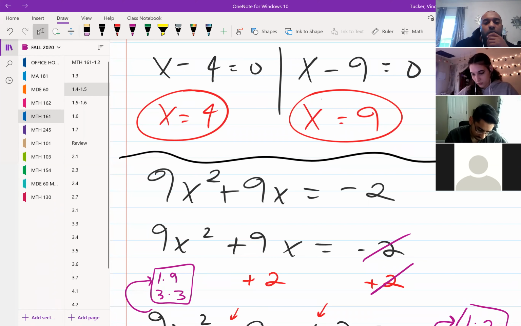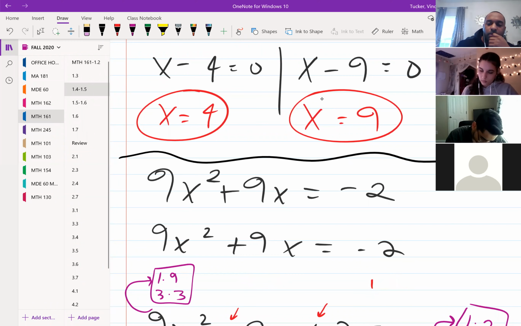All right, so we have 9x squared plus 9x equal to -2. Once again, we don't have 0 on one side of the equation, so we need to set one side equal to 0.